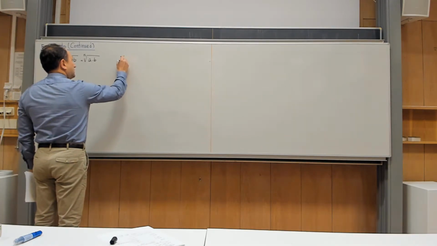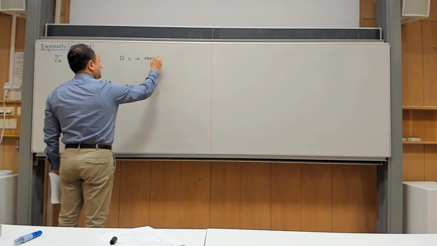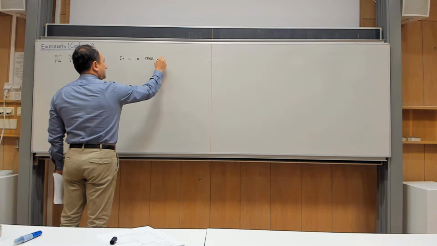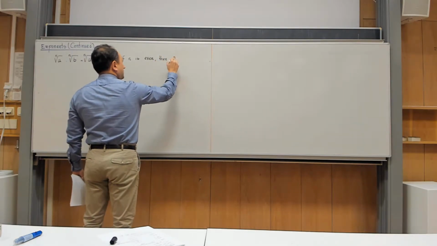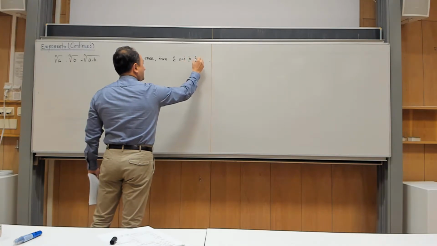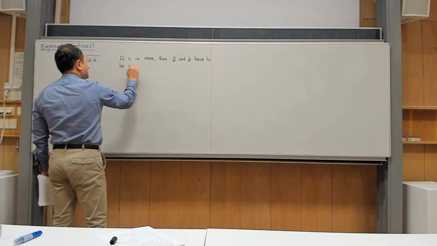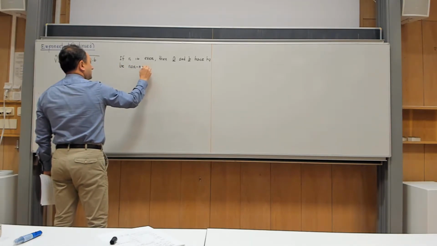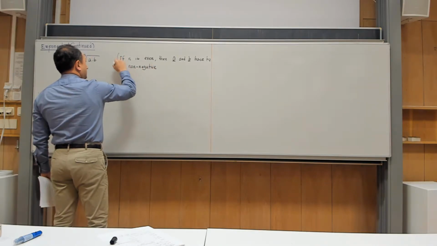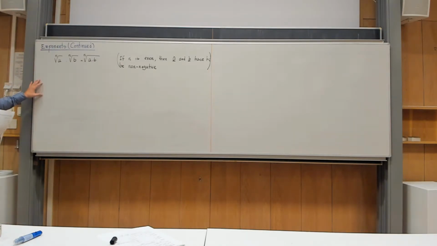If n is even, then a and b have to be non-negative. Every formula has a limitation, so you need to know the domain of applicability of that formula. So this formula works for this case.